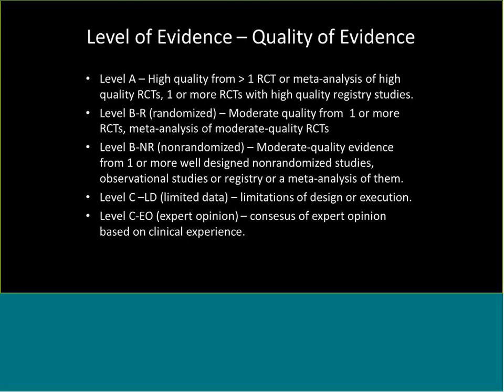Level B-NR is non-randomized, and I use these abbreviations throughout the talk, so that's why I'm going over these. Moderate quality evidence from one or more well-designed, non-randomized studies or meta-analysis. Level C is limited data, where studies have limitations in their design or execution. It's not quite as strong of evidence. And then EO, expert opinion, is a consensus of experts based on their clinical experience.